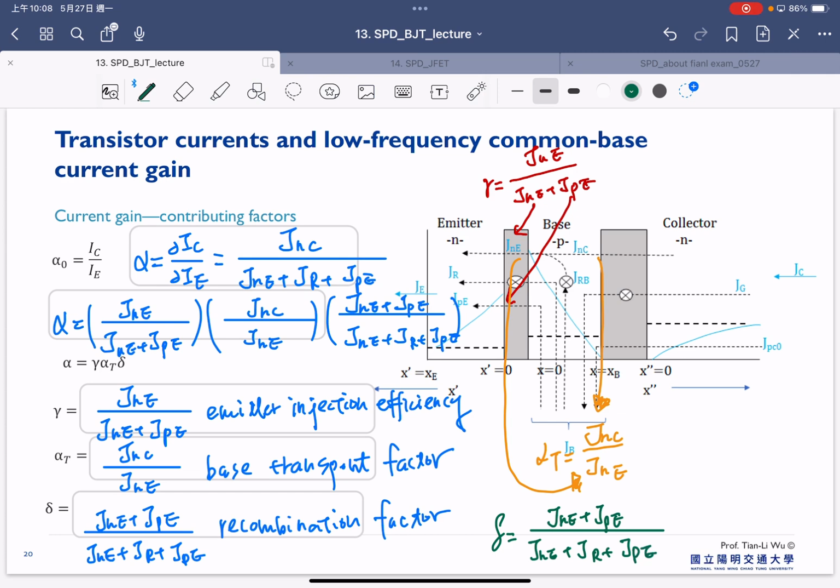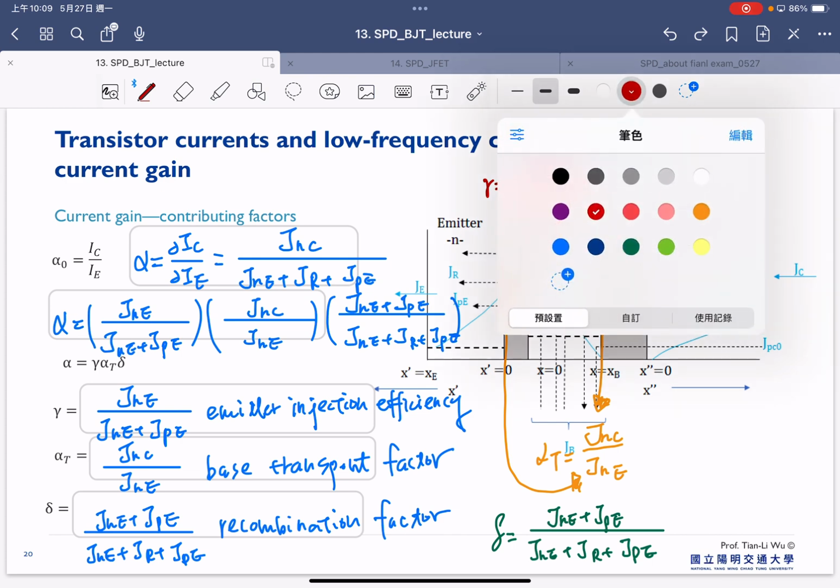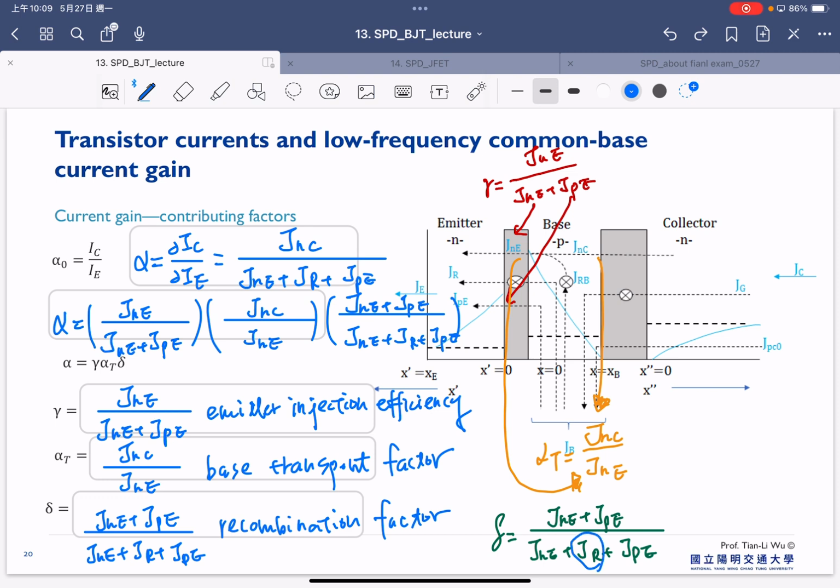Our goal is to evaluate what recombinations can happen, the status inside the emitter. So that's what we call the recombination factor here.